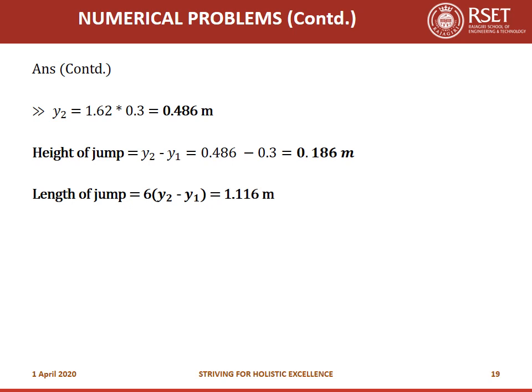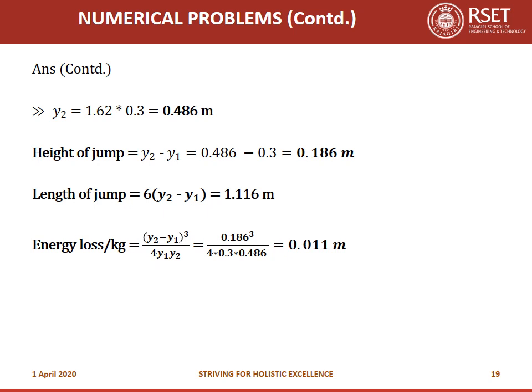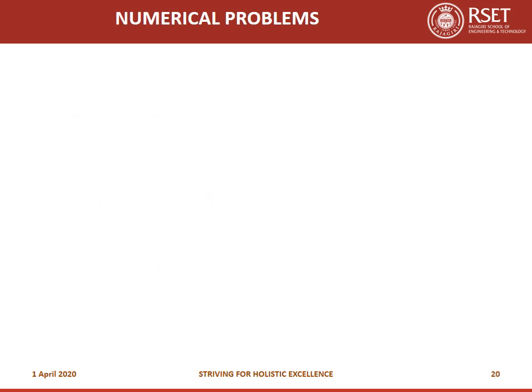The length of the jump is 6 times the height of the jump, and so the length of the jump comes to 1.116 meter. Energy loss per kilogram, (Y2 minus Y1) the whole cube divided by 4 Y1 Y2. Substituting the known values, I will get the energy loss to be 0.011 meter. So it's a simple problem, direct substitution.